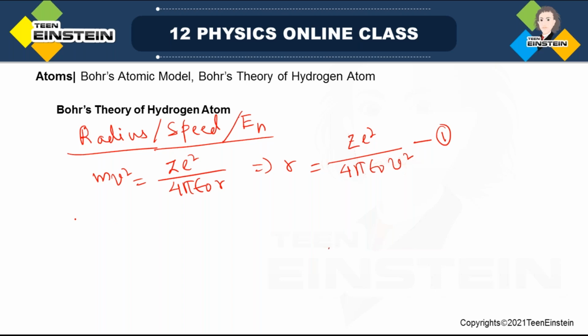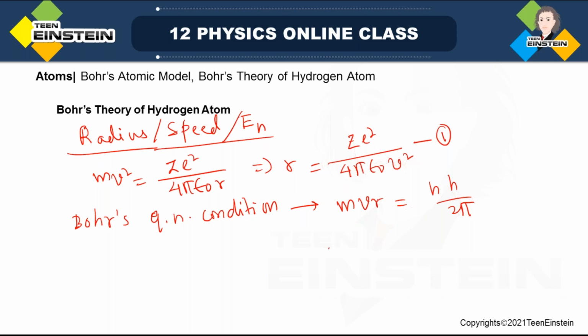Now look, we know from Bohr's quantum condition that mv r will be equal to nh by 2 pi.